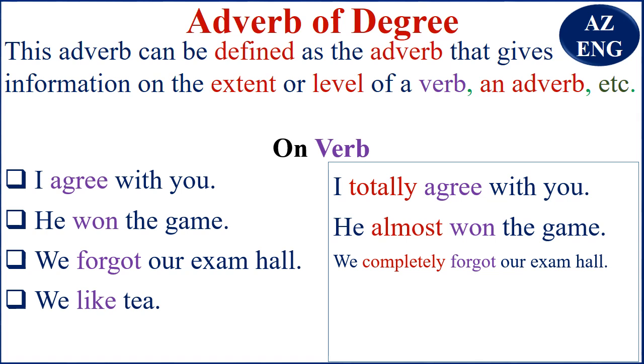We like tea. We have a verb, but there isn't an adverb. But here, we quite like tea. We have the adverb of degree here, which is quite. So quite modifies the verb like.